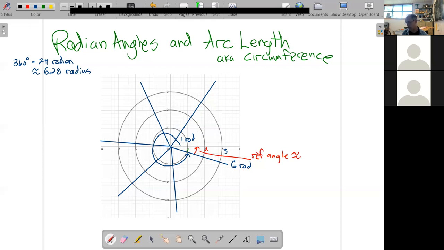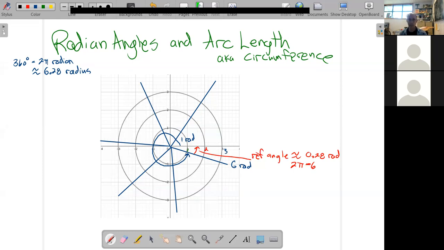So that reference angle from 6 radians is going to be about 0.28 radians.